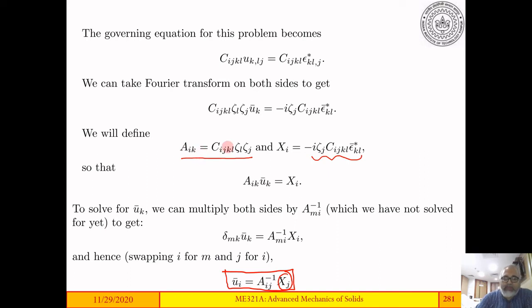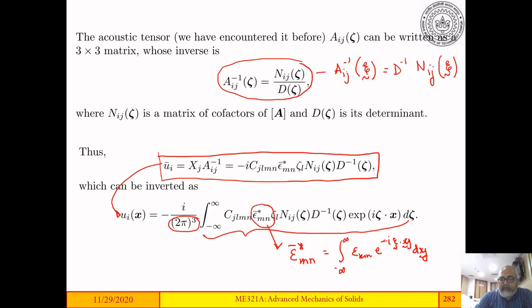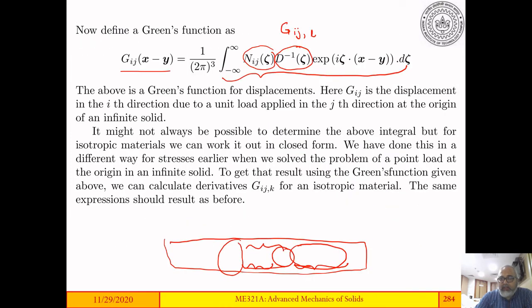In a previous problem, we have seen how to find Aik inverse. We'll use the same trick here, and Aik inverse for an isotropic material can easily be found.